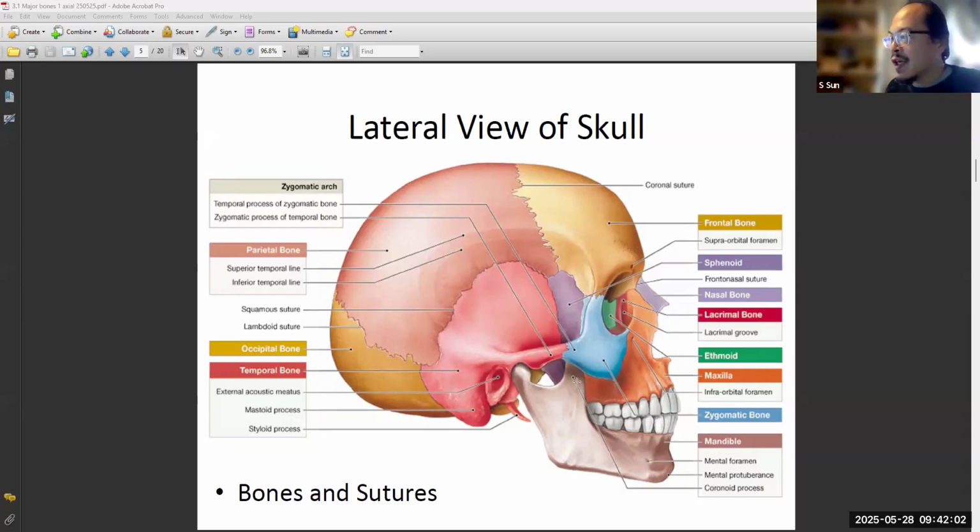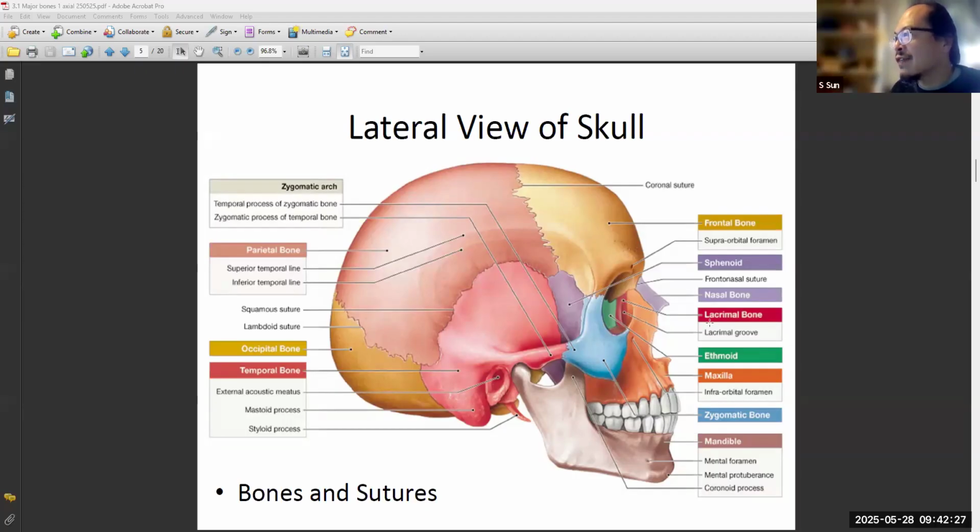And then on the mandible, you have this process. This process, it doesn't identify it here, but it's another process. This one is the coronoid process. We are going to look more at this process in our lab when we have this model in front of us. So that's that.